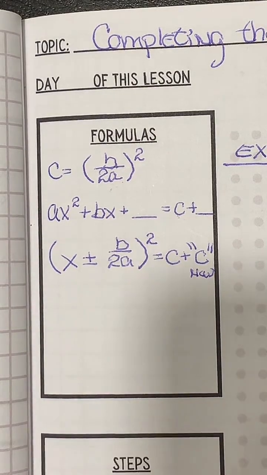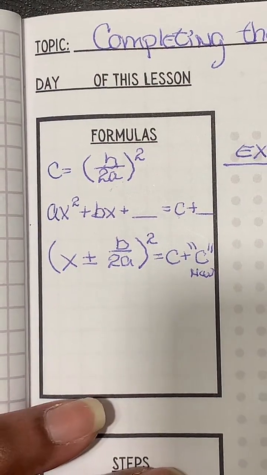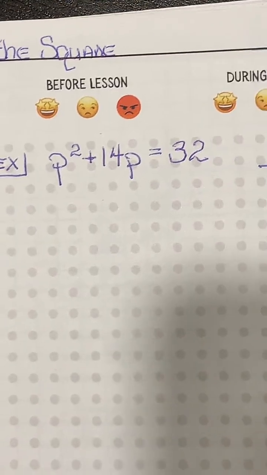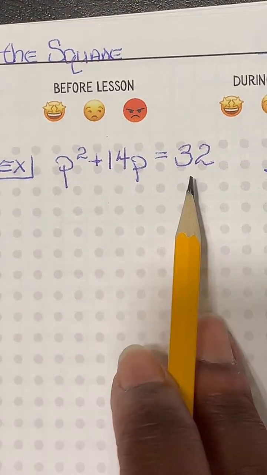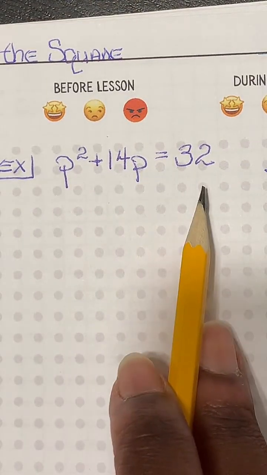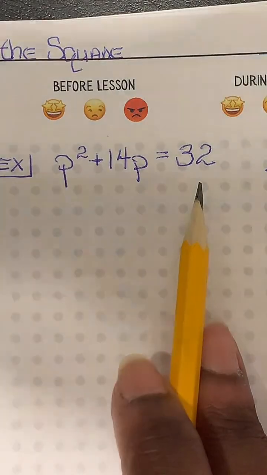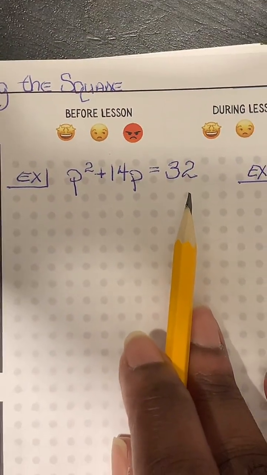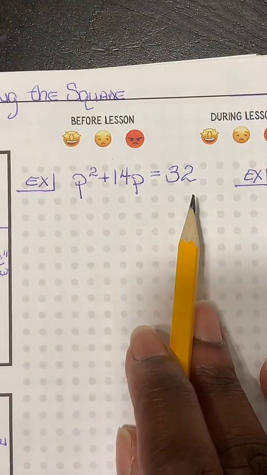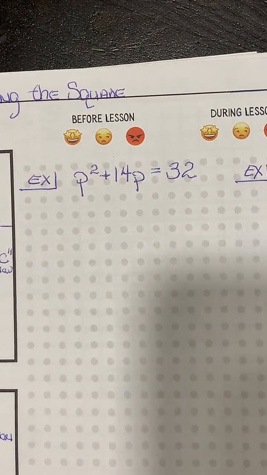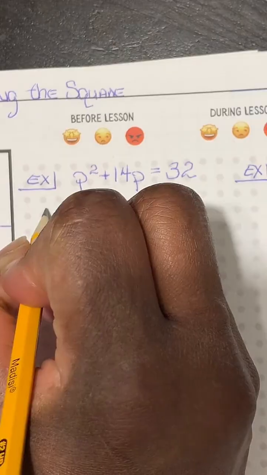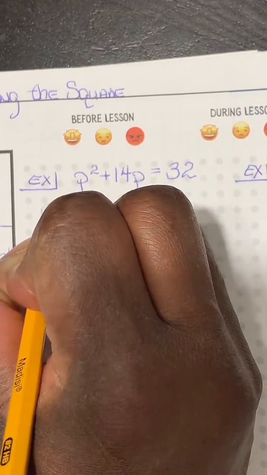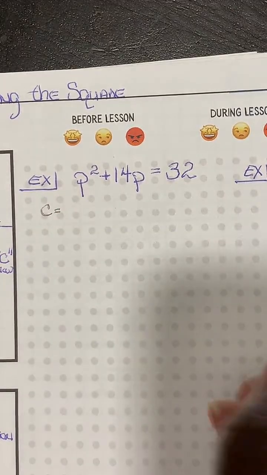So when we're doing this, we definitely need to make sure that our equation is not equal to 0, but equal to the constant. When we're equaling to the constant, we can go right into it. First thing I want to do is find my new c value.